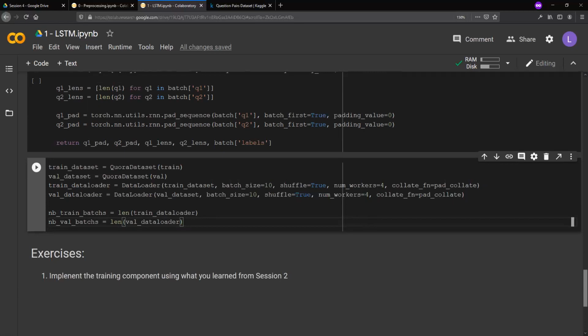Is there any questions? So if there's no other questions, I'll go ahead and update the GitHub repository. Will this code be available on GitHub for reference?